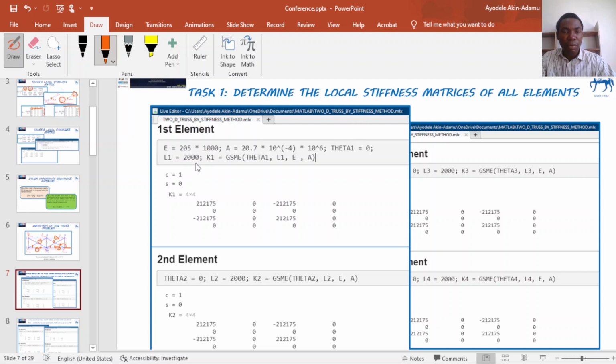L1 is the length of the member, 2000 mm. So once we define E, A, theta, and L1, we can input these variables in our function here. So K1 is equal to, you use this function which I created, GSME. You enter θ1, L1, E, and A. We see that Matlab computes our local stiffness matrix for element 1 for us.